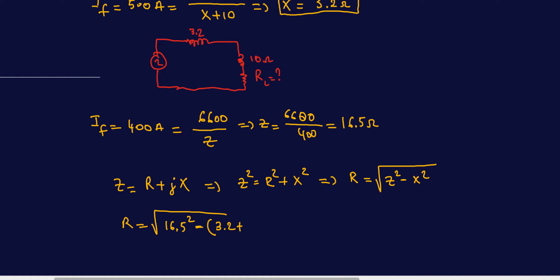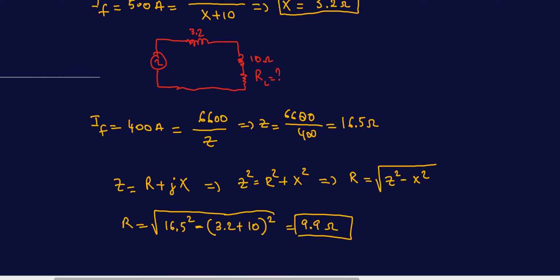You add your reactances together and then your resistance values together. So when you do the math over here, don't forget the squared, we get 9.9. So this is your actual final answer.